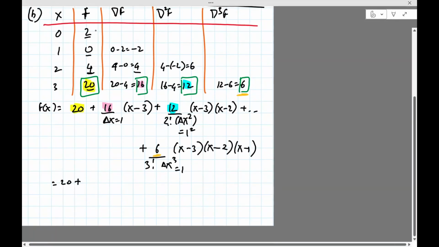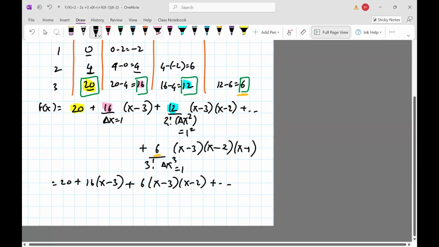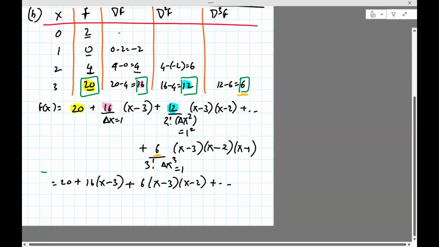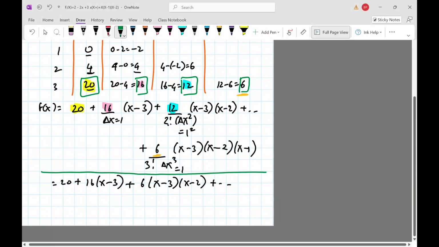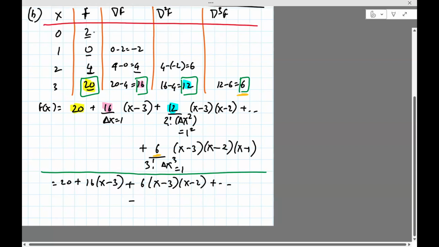So let's simplify this. 20 plus 16 times x minus 3 plus 6 times x minus 3, x minus 2, plus, this 3 factorial is 6, so 1 times x minus 3, x minus 2, x minus 1.